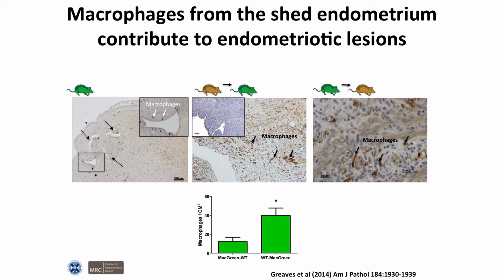And in the opposite experiment, using Matt Green donors into wild-type recipients, we also find macrophages present within the lesions, indicating that macrophages present in this shed endometrium contribute to endometriosis lesions.